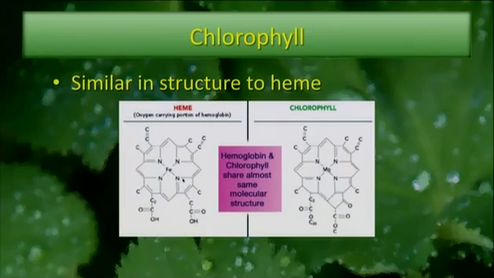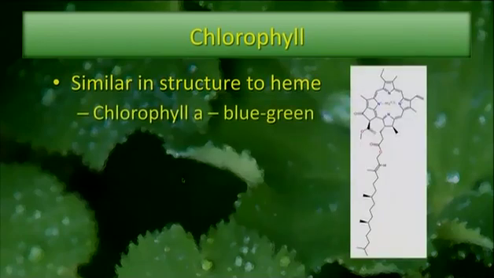Now chlorophylls come in at least two types, actually more. You have chlorophyll A, which is blue-green, and here you can see that it has a long lipid tail that allows it to anchor itself in the thylakoid membrane. Remember thylakoids? They're coin-shaped stacks of membrane in the grana of the chloroplast.